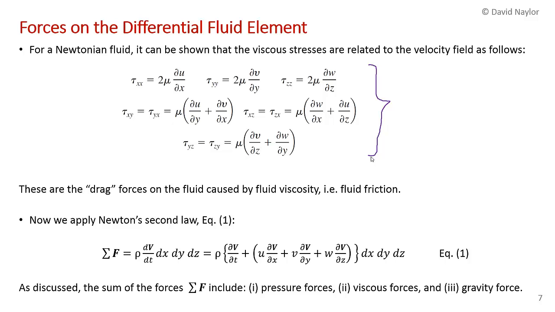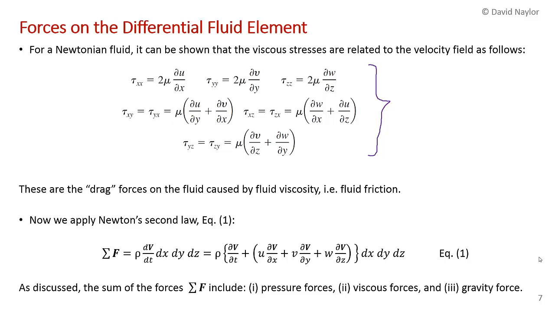But it's important to realize that those stresses are related to the velocity gradients. We're dealing with a Newtonian fluid. So remember what a Newtonian fluid is. It's a fluid where the shear stress is linearly related to the velocity gradient, or the rate of deformation of the fluid element. So these are the drag forces on the fluid caused by fluid viscosity. They're the sources of fluid friction.